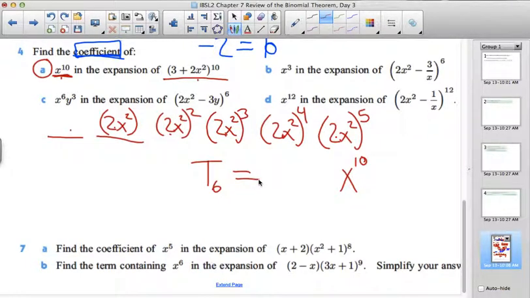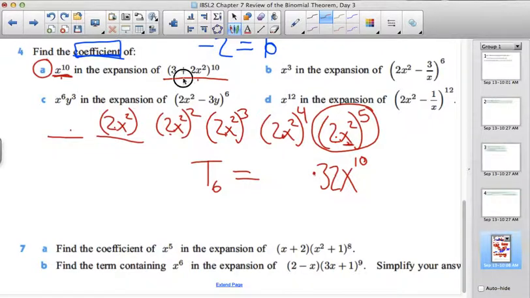Alright, so notice I ignored all the binomial coefficients as I was doing this. All we cared about was getting that power of x equal to 10. Now I'll go back for just this term and find the coefficient. x squared was raised to the fifth power, that's how we got an x to the 10th. The 2 also needs to be raised to the fifth power, and that's 32.